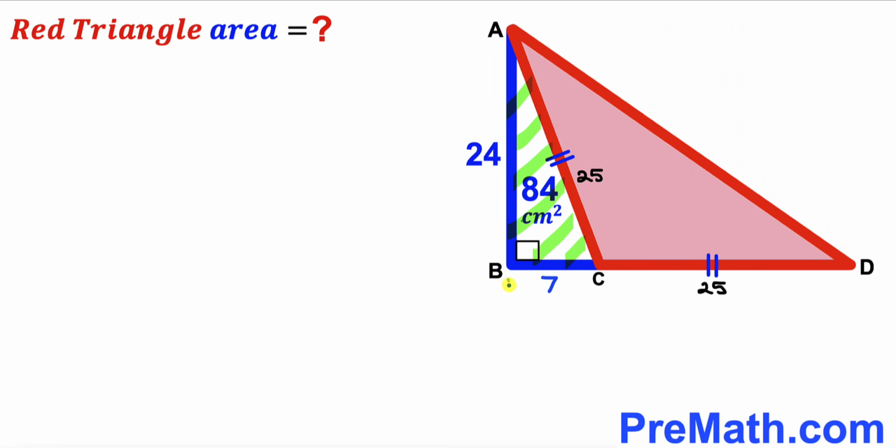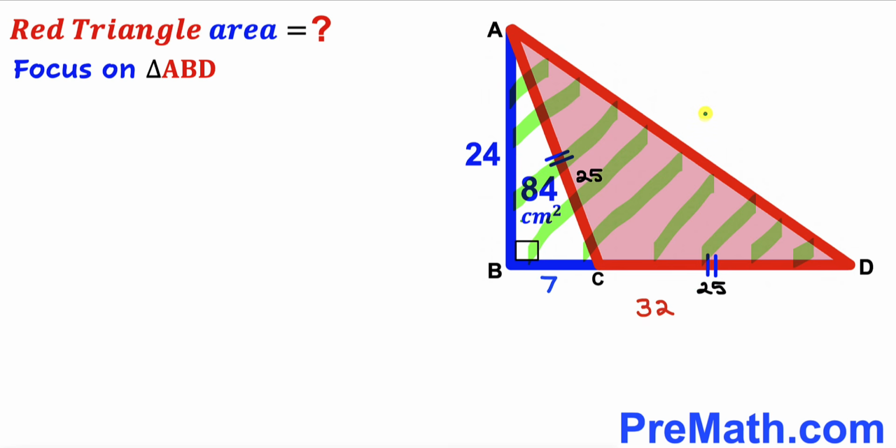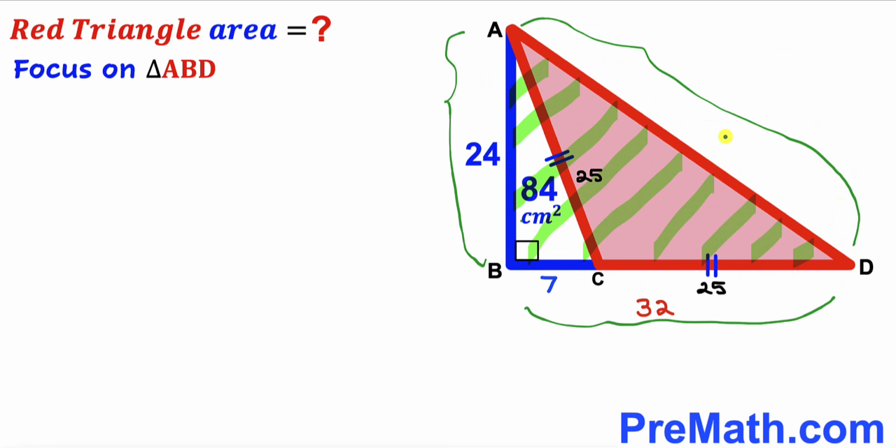Now we can see this whole BD side length is going to be 7 plus 25, which gives us 32. Now let's focus on this right triangle ABD. We know this side length is 24, this side length is 32. So now I'm going to label this hypotenuse as lowercase m.